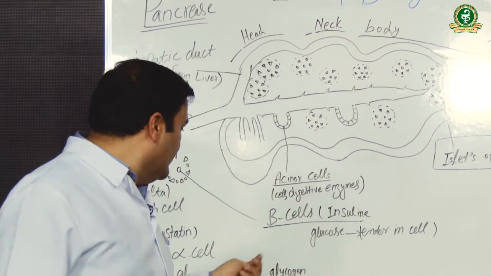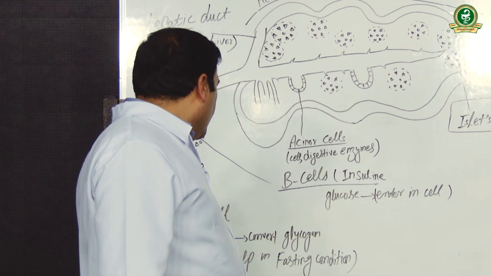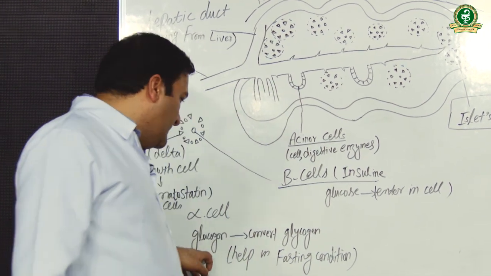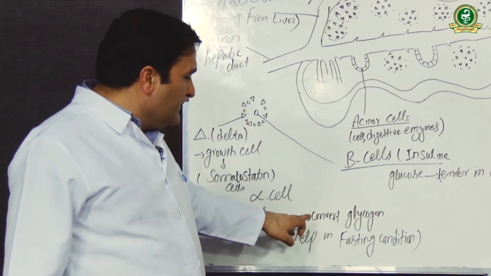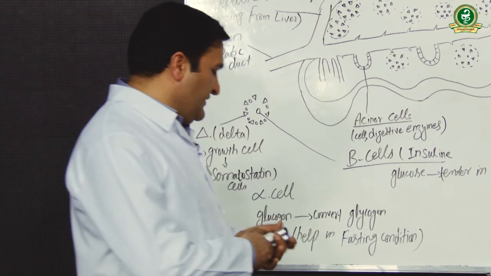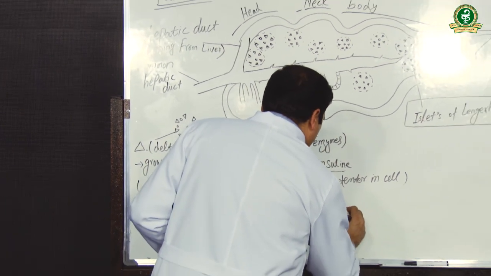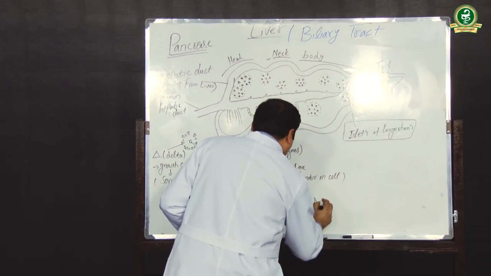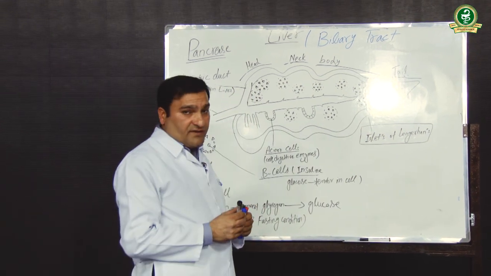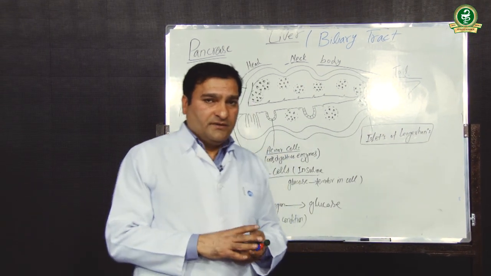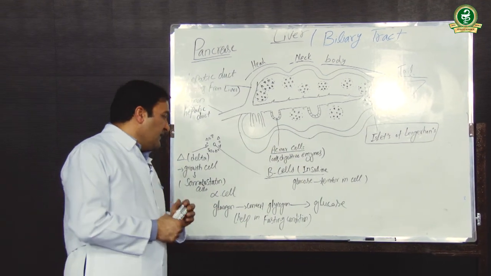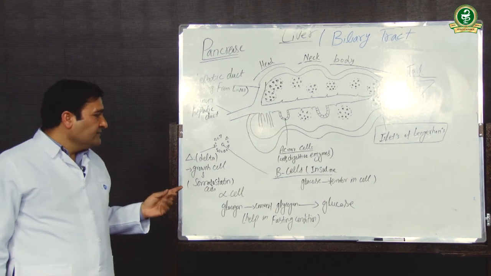Then there are alpha cells, which convert glycogen into glucose. In the fasting condition, they help by giving glucose to the body.